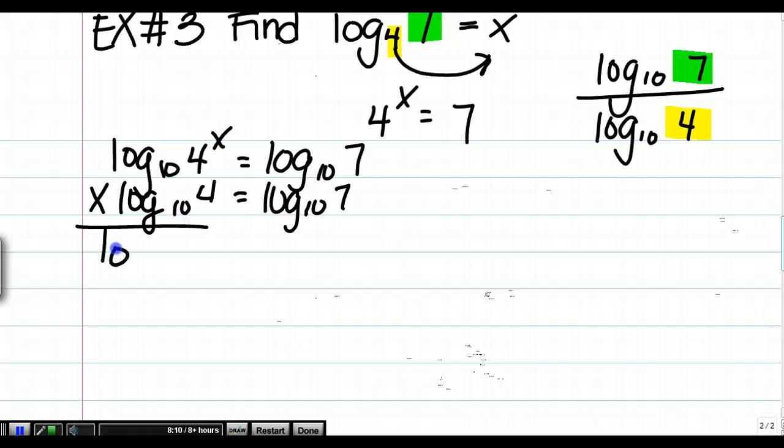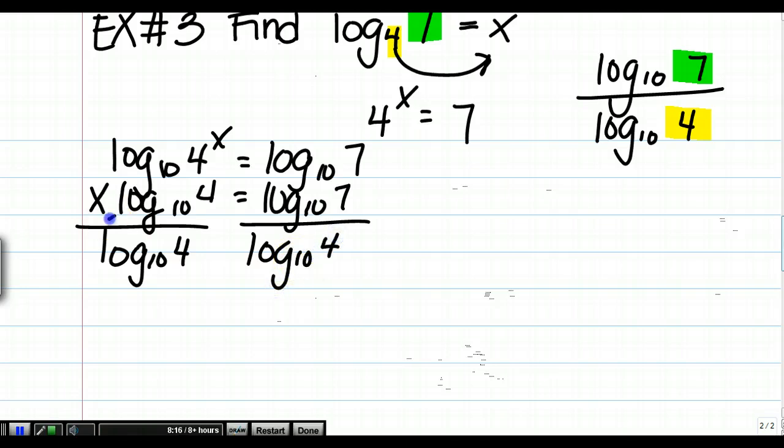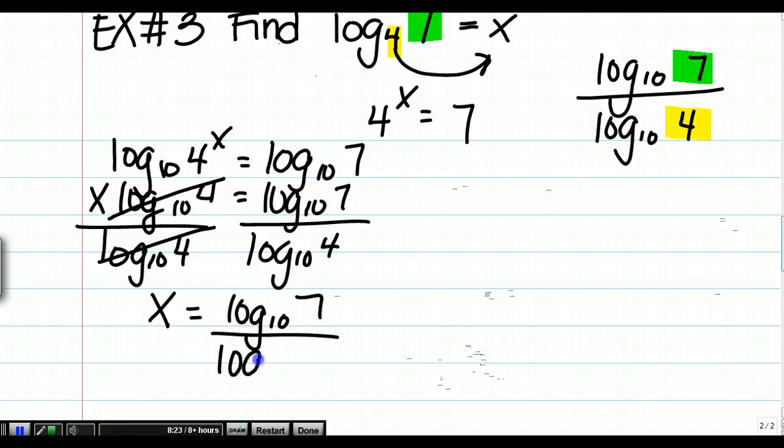And I could divide by log base 10 of 4. So x would equal log base 10 of 7 over log base 10 of 4. And that's the same thing here. So this is just a shorter version of what we would be doing with taking the log of both sides.